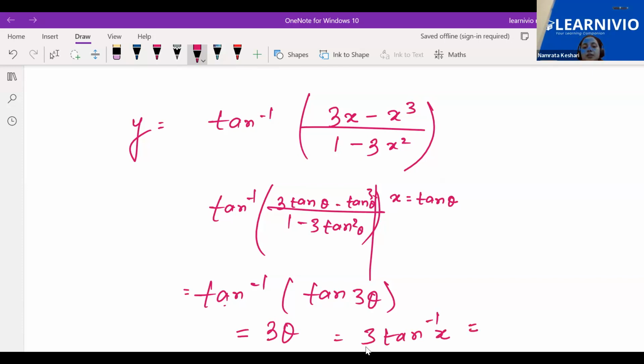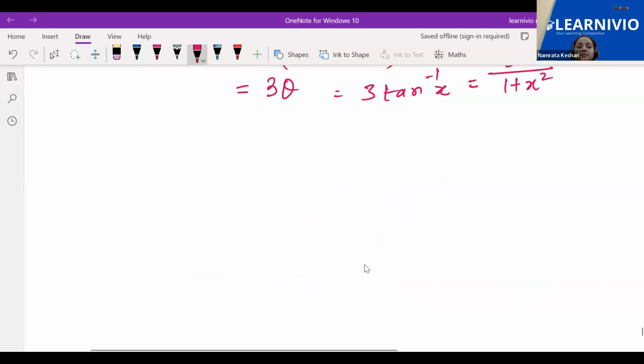Let's do the derivative of that: 3 by 1 plus x square, right? Yes. Done. Let's do the next one.